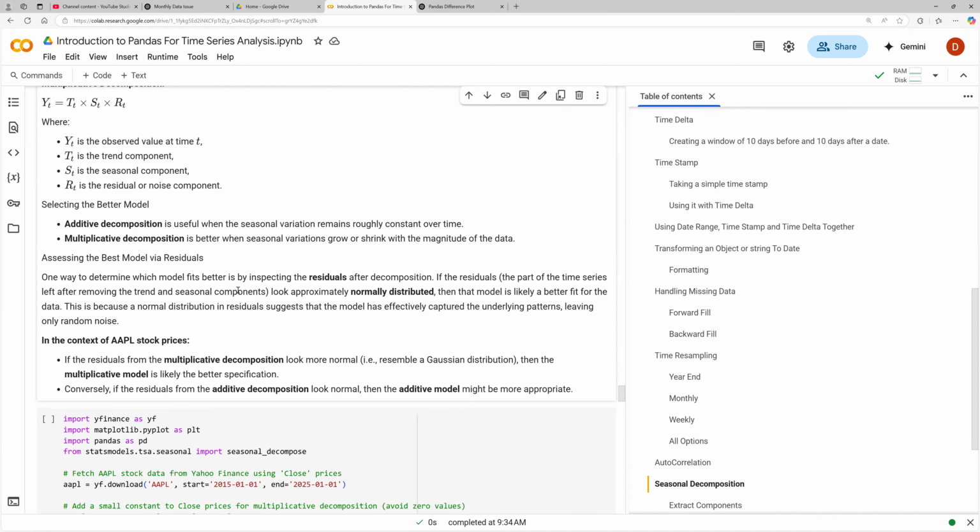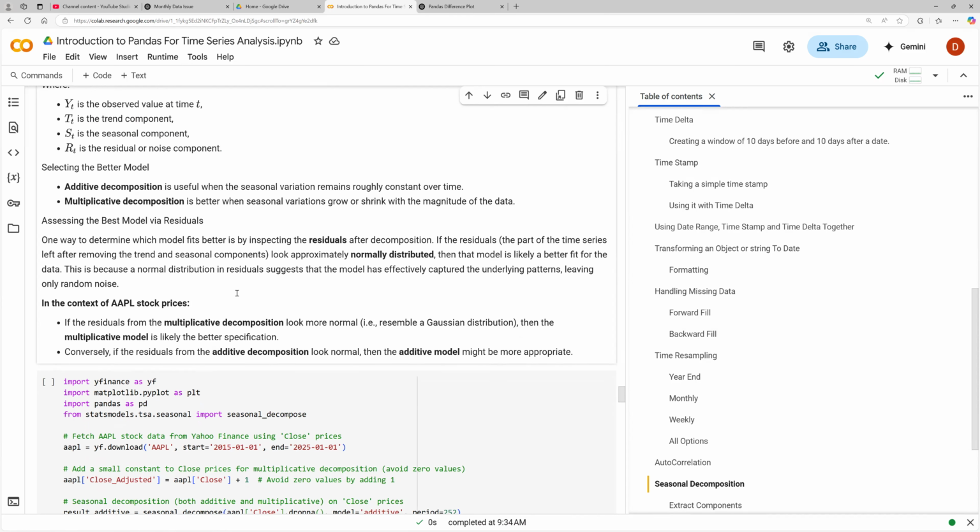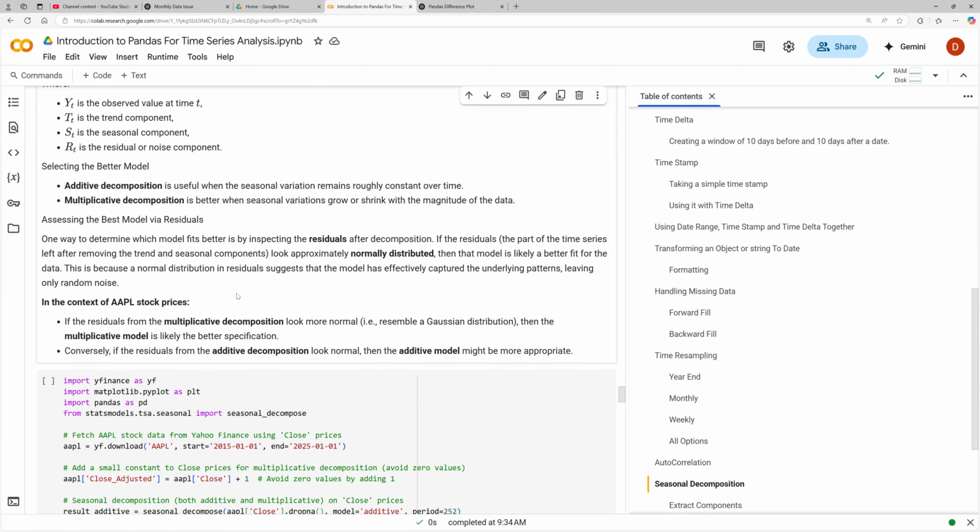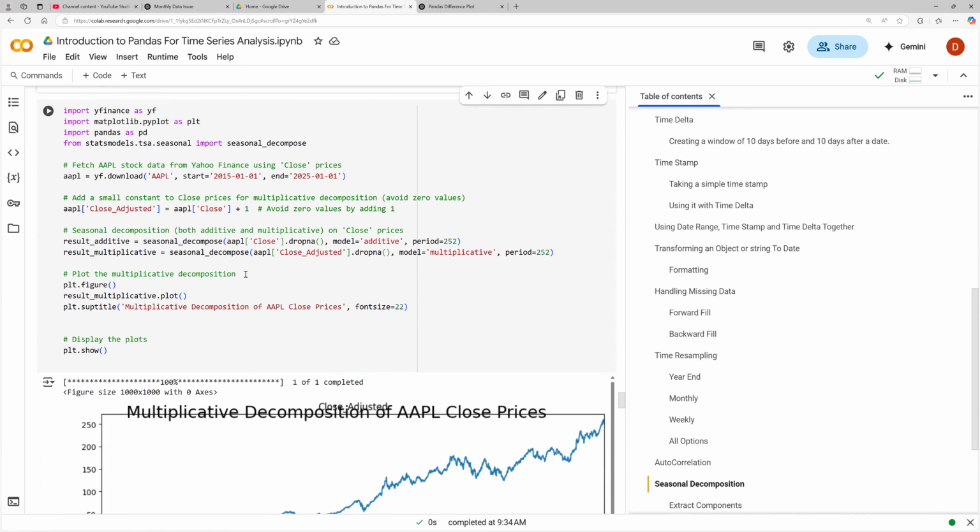Like if the residuals look approximately normally distributed, which means bounded, then the model is a better fit for the data. This is because the normal distribution in residuals suggests that the model has effectively captured the underlying patterns, leaving only random noise. So in the context of Apple stock prices, the multiplicative decomposition looks actually more normal.